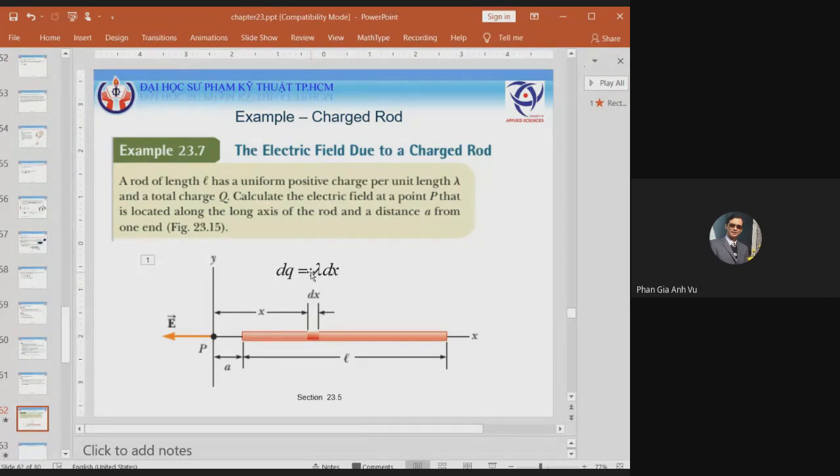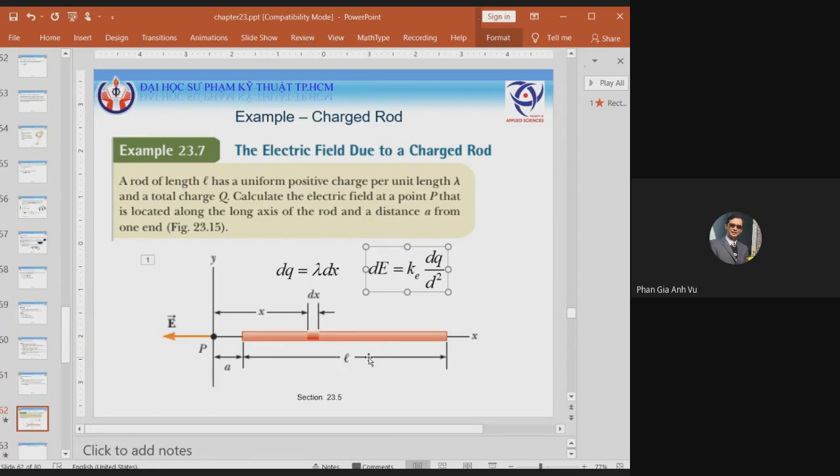Then I define the dE at this position because of this dq. The magnitude of dE is k_e dq over the distance d squared. Because the position of this dx is x from the coordinate system, I will later substitute d with x. What is the direction?